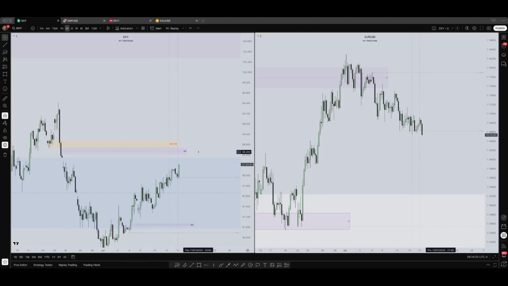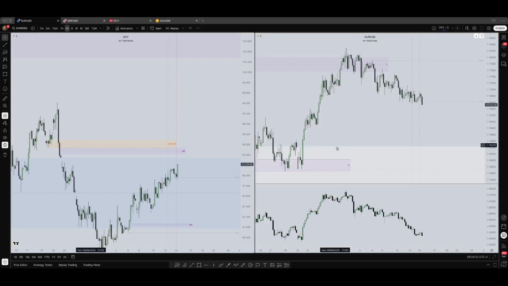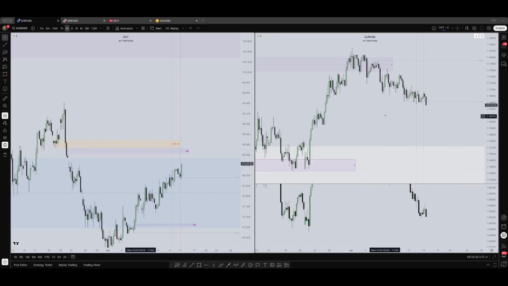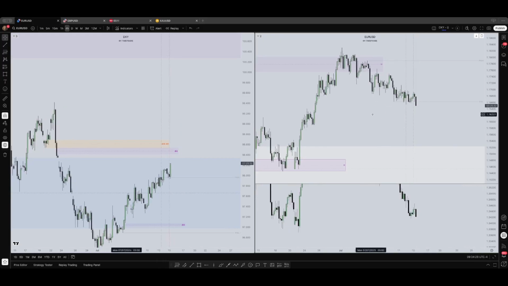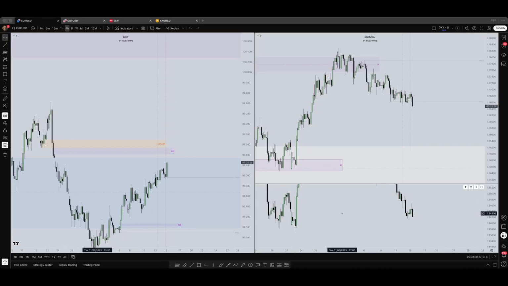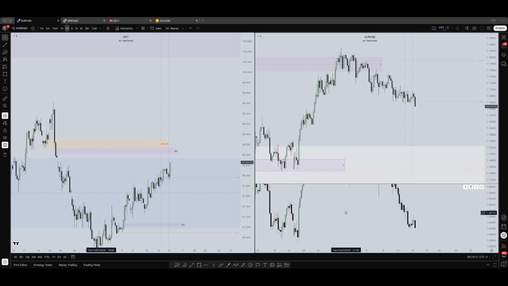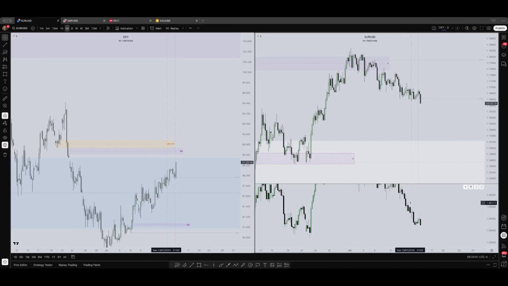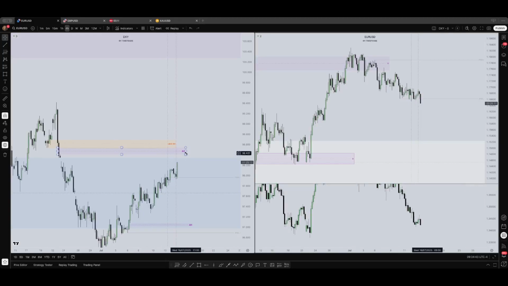This is very interesting. What is happening now? In this screen, on my right, I have Euro USD, and I have GBP USD on the downside. Look how price is reaching this level.